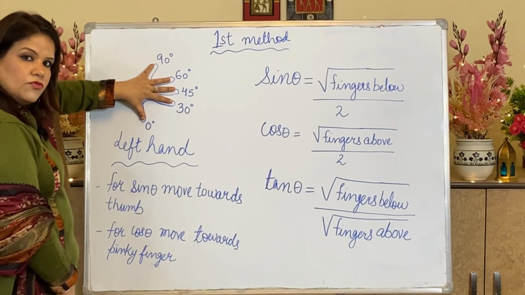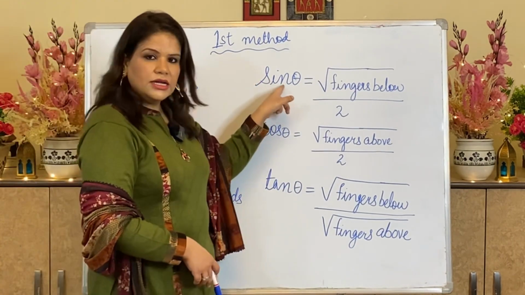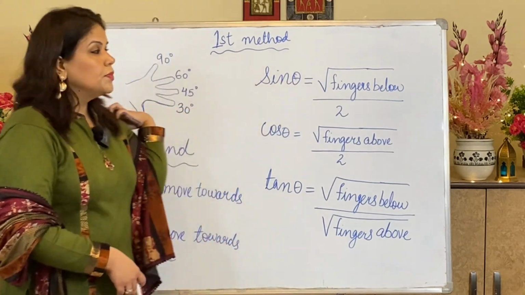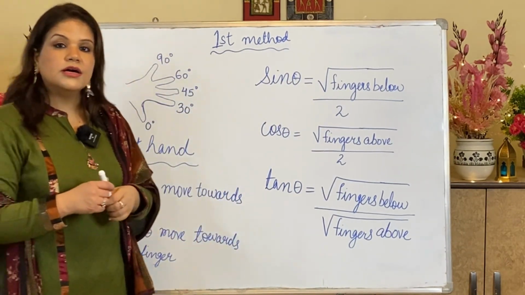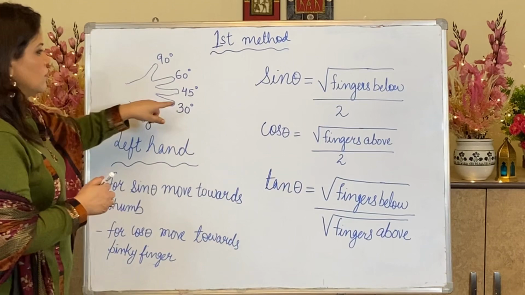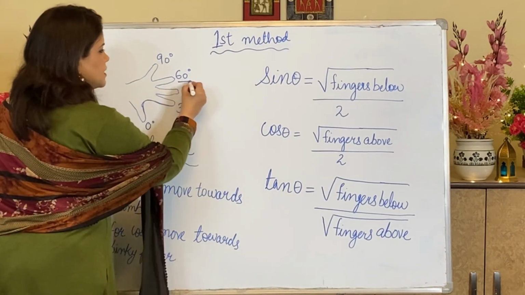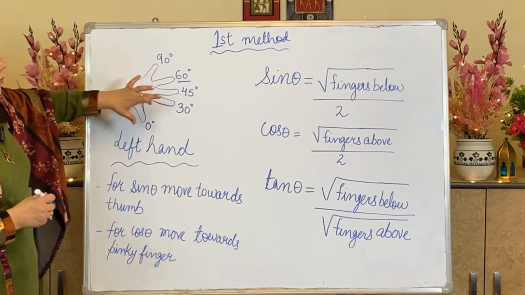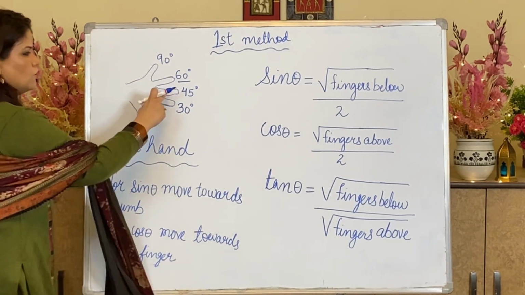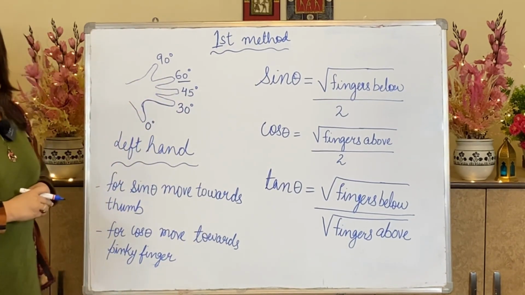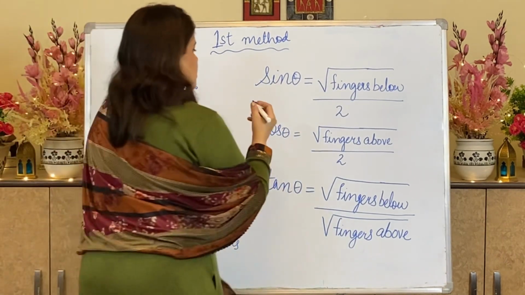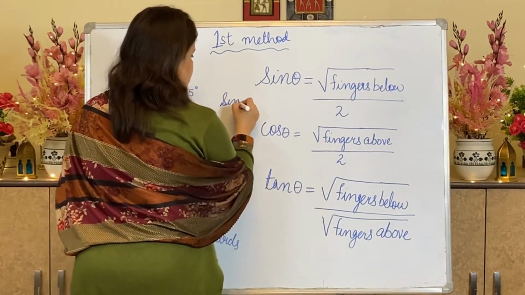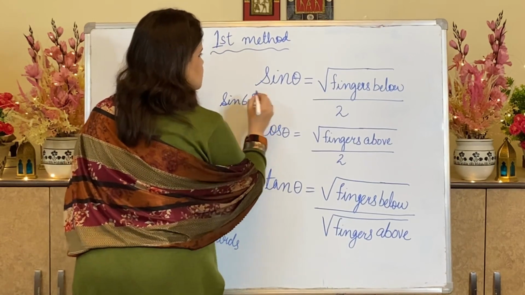Or the other way of remembering this is sine theta will be equal to under root of the fingers below whatever value. Suppose I am finding sine 60. Sine 60, then how many fingers are there below? 1, 2 and 3. So sine 60 will be under root of the fingers below that.